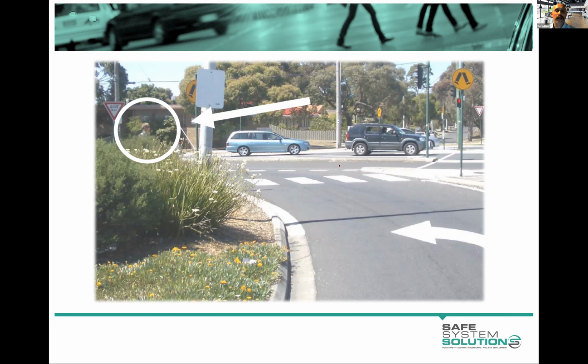So, slip lanes are a really interesting point on the road network for pedestrian safety. And our industry is in a fair bit of a lather about slip lanes and pedestrians. There's different conflicting research out there. But the principle is that as a driver approaches or is in a slip lane, where are they looking?